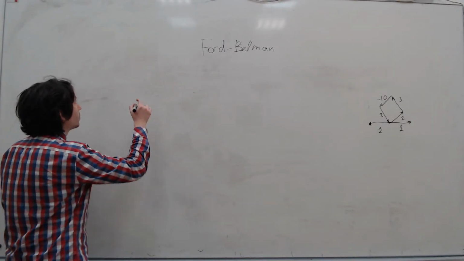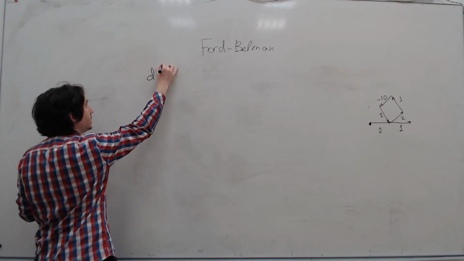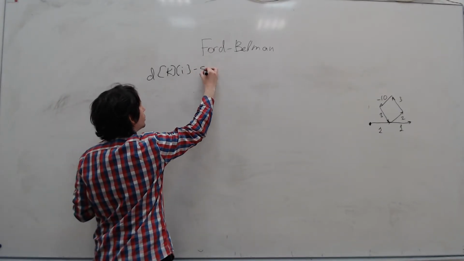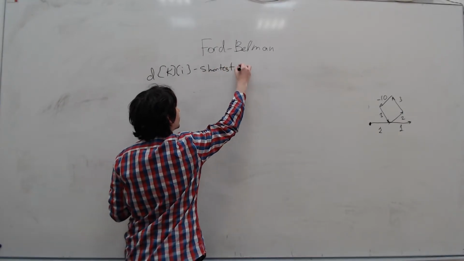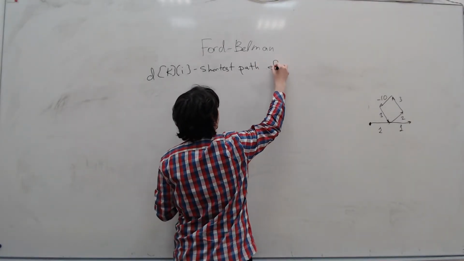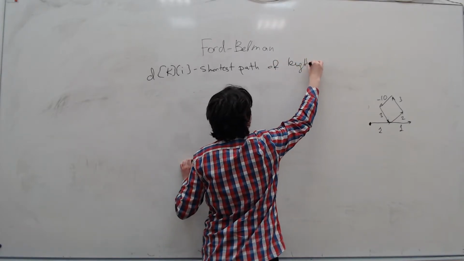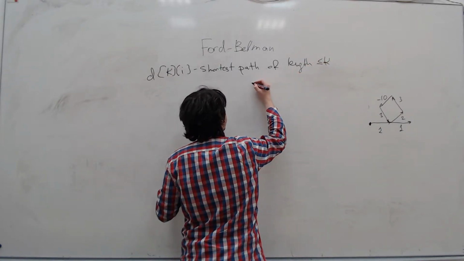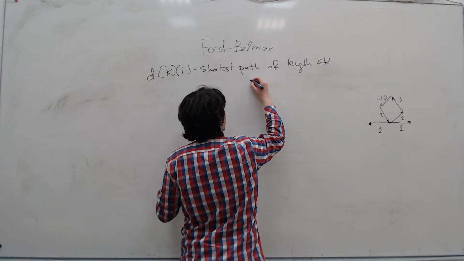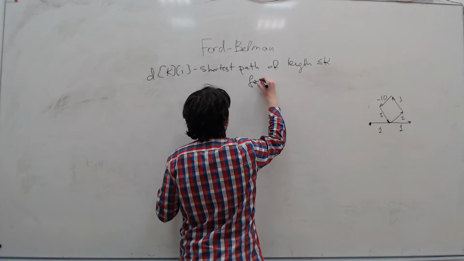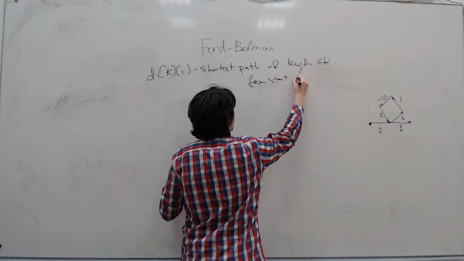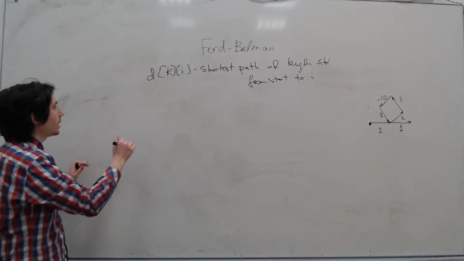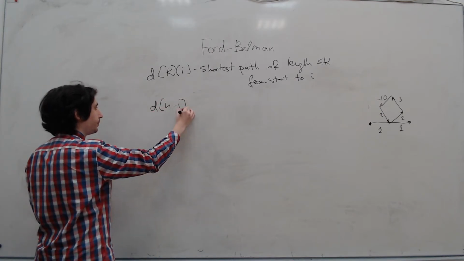So the thing is the following. Let us calculate the last D, where D was dki, the shortest path of length less than equal to k from start to I. So we already calculated D n minus 1.